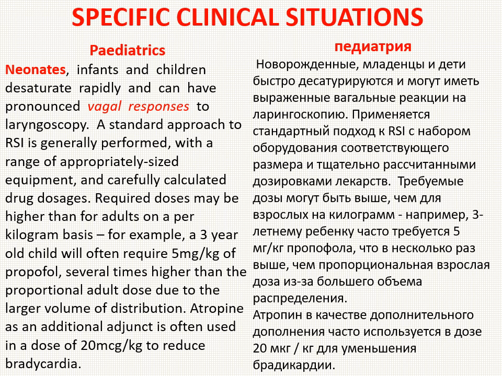For example, a 3-year-old child will often require 5 mg per kilogram of propofol, several times higher than the proportional adult dose due to the larger volume of distribution. Atropine as an additional adjunct is often used at a dose of 20 mcg per kilogram to reduce bradycardia.